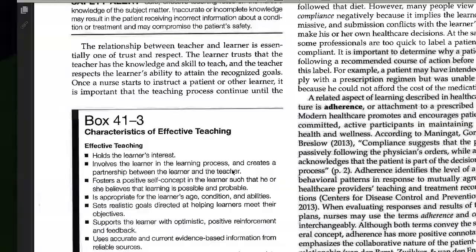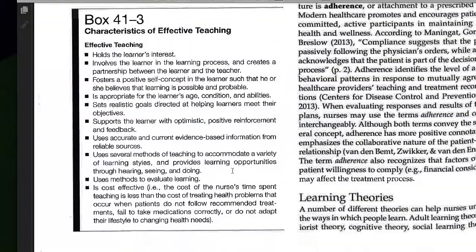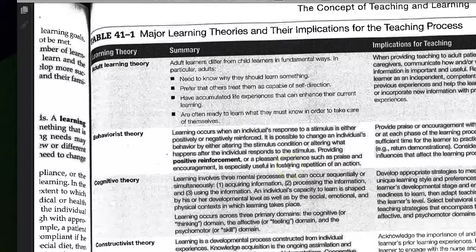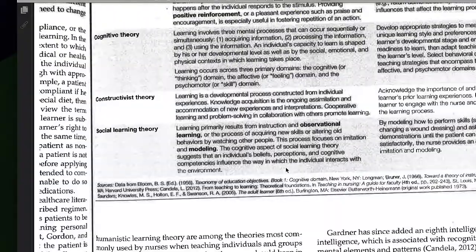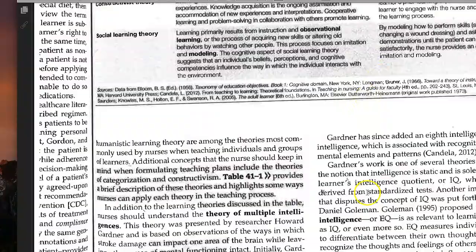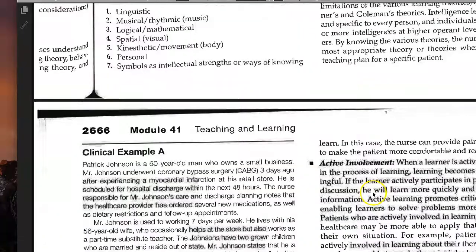So there's a compliance issue, there's some characteristics, there's some learning theories. Social learning theory says that you can instruct from observing behavior. So remember, modeling, that would have been my rationale. I was going to model to them how to cross the street, and they were going to be able to show me how to cross the street.